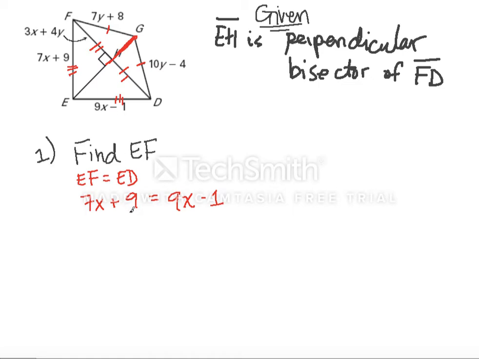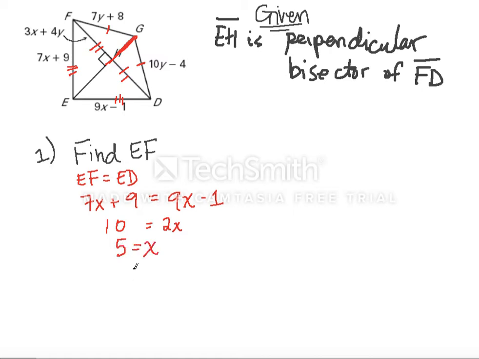Now I am going to bring the 1 over to the left side and I get 10. And I'm going to bring the 7x over to the right side, in essence subtracting 7x from both sides, I get 2x. So that tells me that x must be equal to 5.